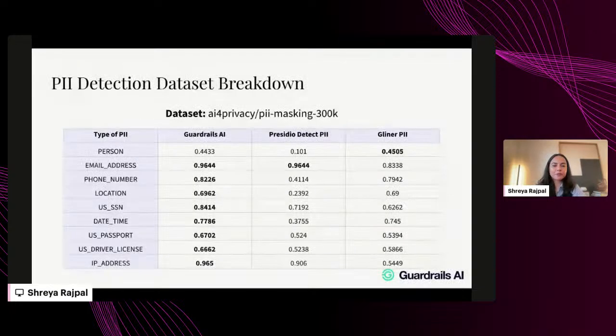Across the board, the performance tends to be higher in some of these other categories. But for person specifically, we're seeing a very low 0.1 score, which is objectively really not very reliable. Compared to that, GLiNER actually ends up getting the highest score with a 0.45, and then we're not far behind with a 0.44.